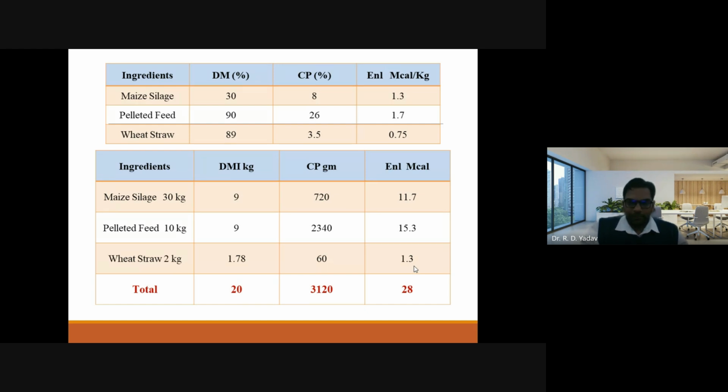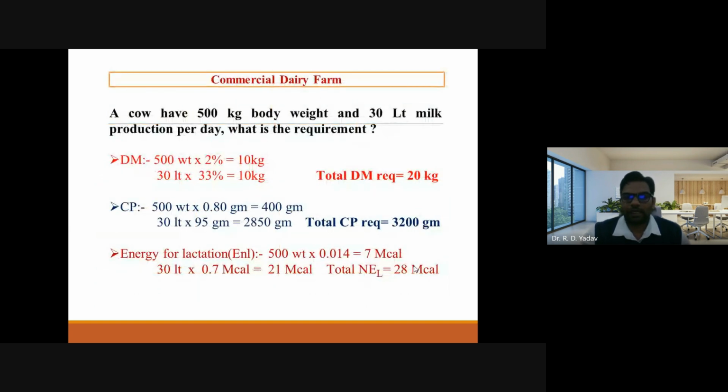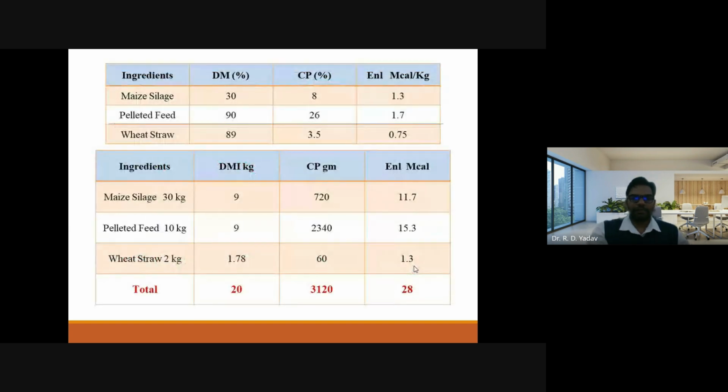So the total DMI will be 20 kg, as we mentioned in the previous slide, total dry matter requirement 20 kg. By giving this amount of feed, silage and wheat straw, we will be able to fulfill the dry matter requirement of 20 kg. And likewise, in case of protein also and energy also, we are able to fulfill their requirement.